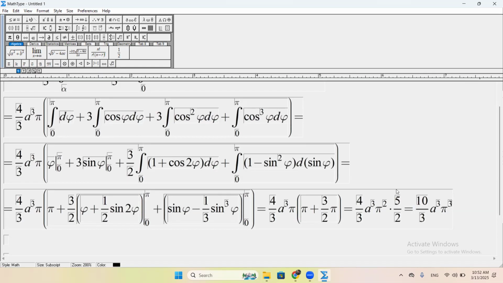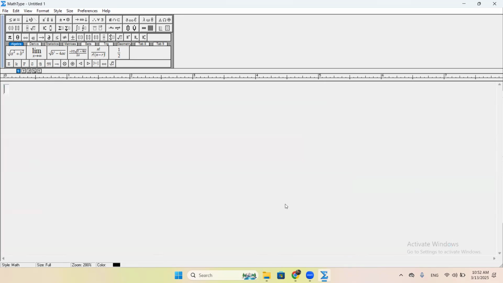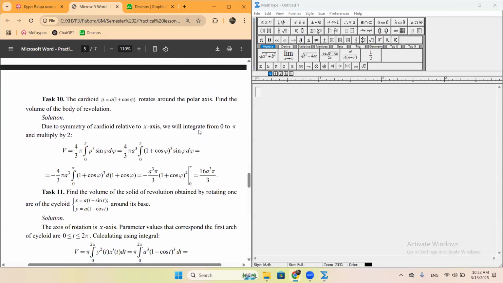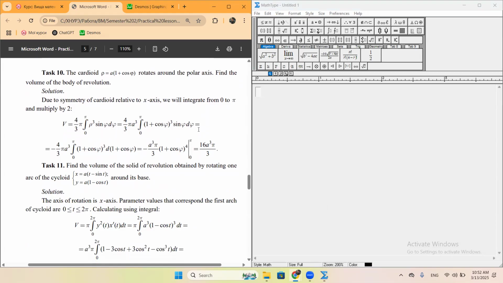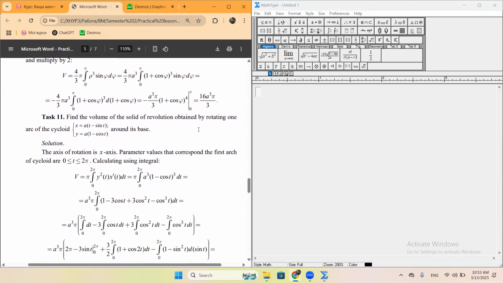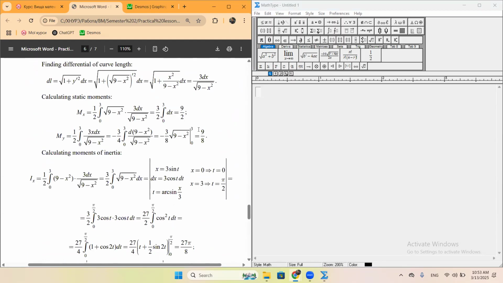Any questions about this exercise? Okay, if no questions, let's move on. Yeah, a lot of calculations, but it's done. Now, it's almost done.